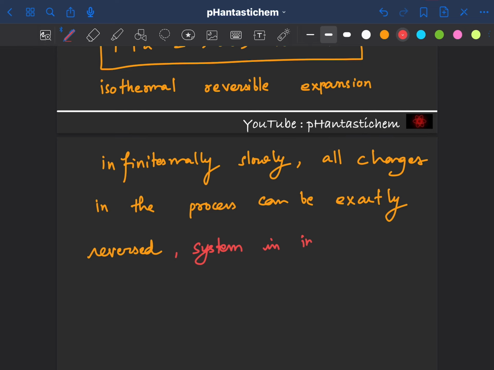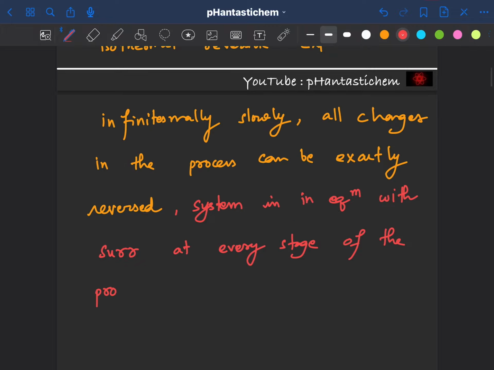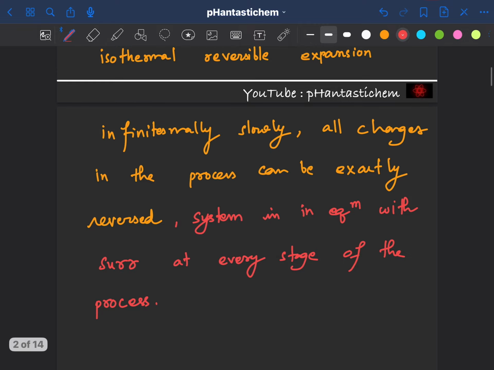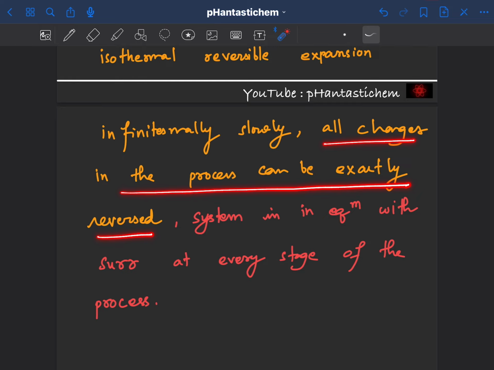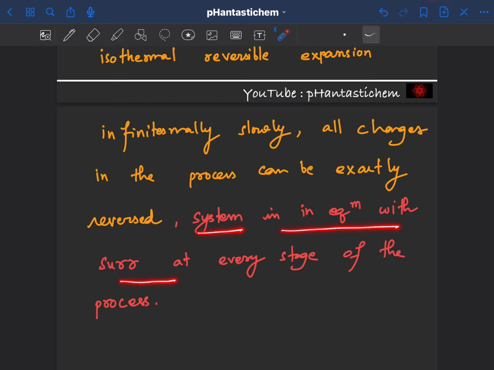So in a nutshell, in a reversible process it is infinitesimally slow, very very slow, so that all the changes in the process can be exactly reversed. And since it is very slow, the system is always in a state of equilibrium with surroundings at every stage of the process. We rarely observe reversible processes in our day-to-day life.